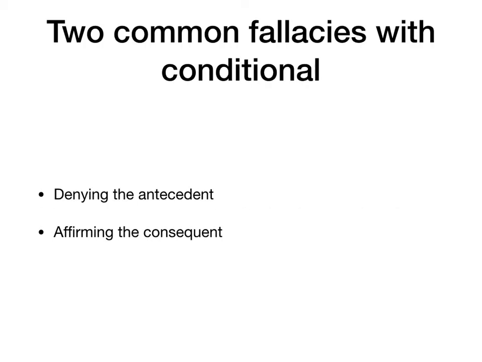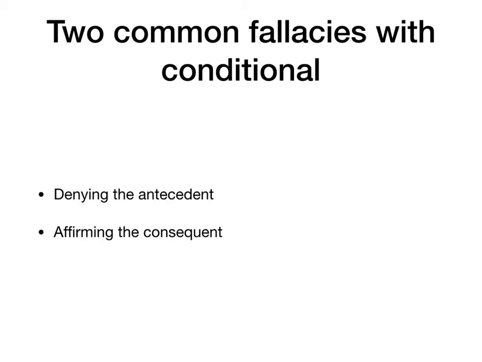So, two very common fallacies with the conditional. People mess these up all the time. And they're very, very closely related. Denying the antecedent and affirming the consequent. Look, you don't need to remember the jargon with these.